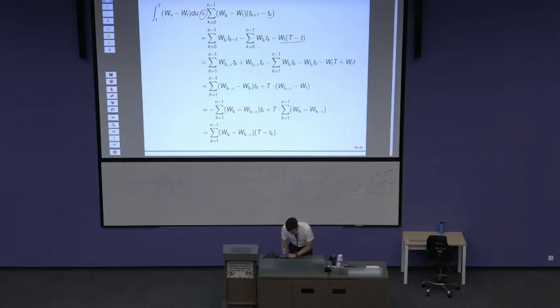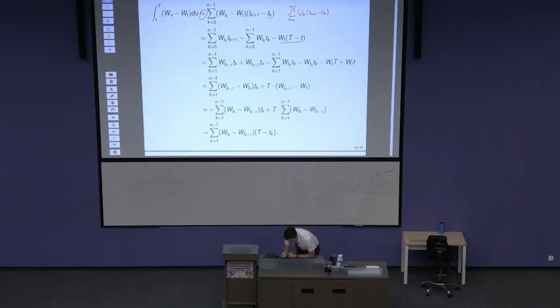Why is this? This is simply because what we actually have here is the sum from 0 to n minus 1 of W_t times t_k plus 1 minus t_k. The index is k, so if you look at the summand, W_t does not depend on k.